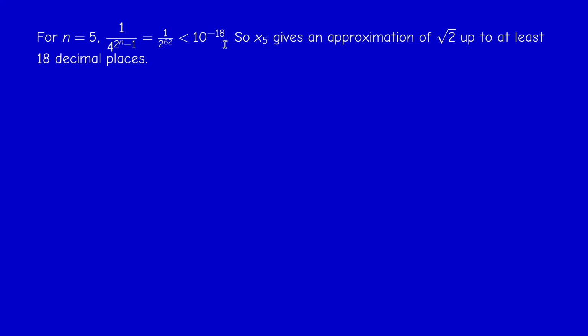Now I will implement this shortly in Python and see what happens in practice. But in principle, x5 is an approximation of radical 2 up to 18 decimal places. Okay. So we proved that the convergence is very, very fast. So 4 or 5 iterations and we are already there.